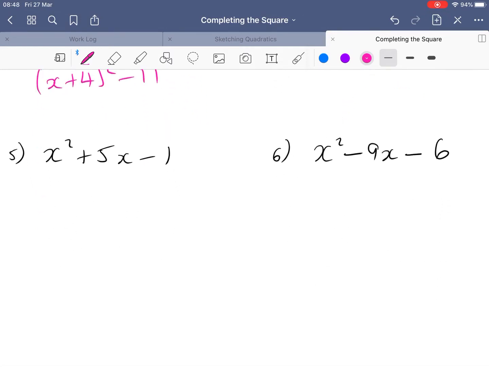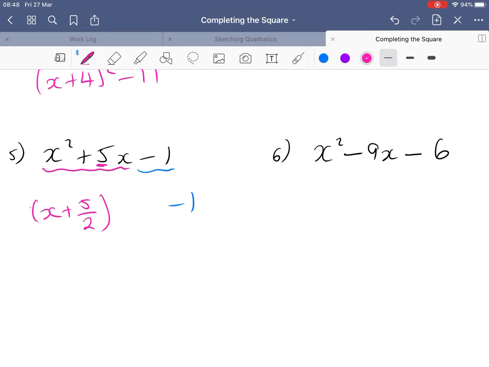What I want to do is the ones where fractions get involved, because, again, we're just going to complete the square on this, and then we'll put the minus 1 on the end in a minute. So I've got x. I need to half this value. So it's going to be 5 over 2. Now, I know a lot of you are going to be really tempted to write 2.5 there, but please just write 5 over 2.